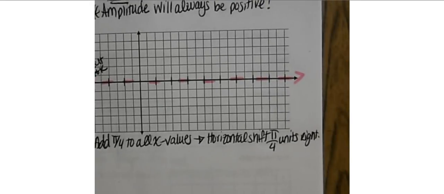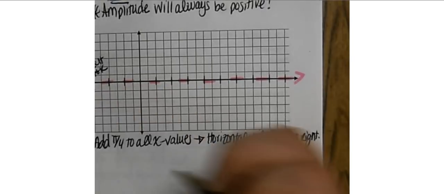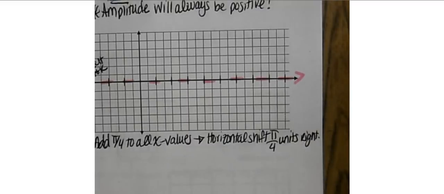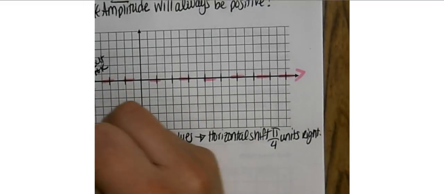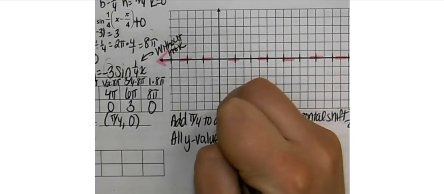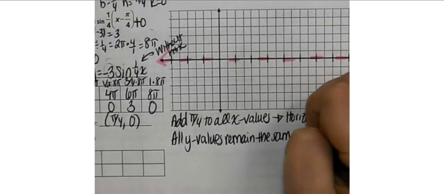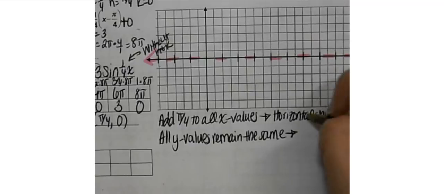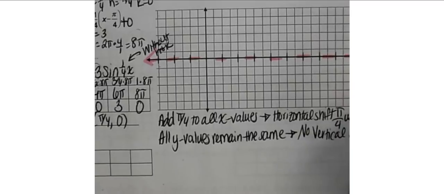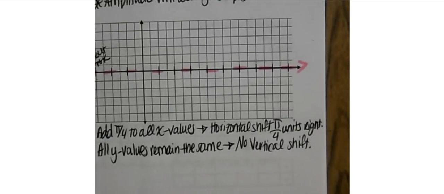So I'm going to add that to all of my x values, and I'll show you what to do in just a second. Then because my translation vector has a 0 in the y position, that means that all y values remain the same, and there is no vertical shift. So that is something to keep in mind.